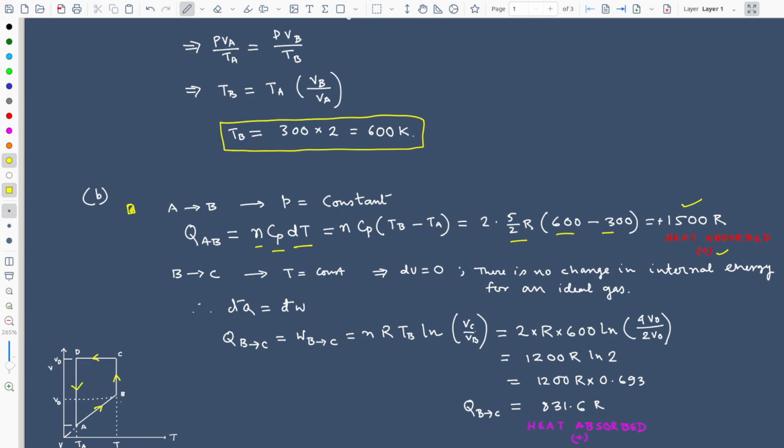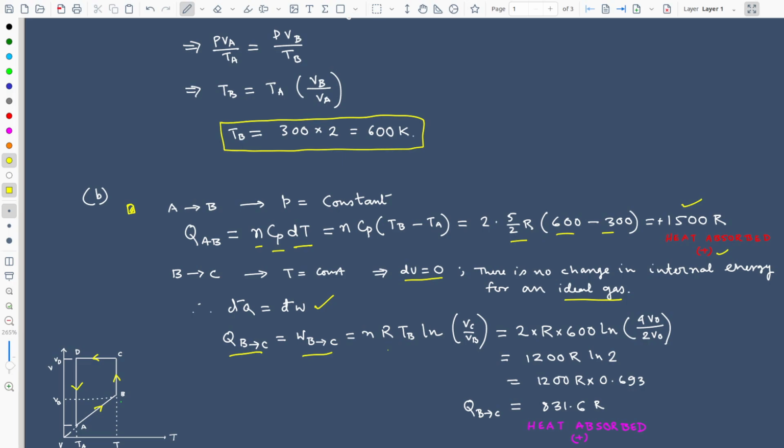B to C, temperature constant, as is evident from the diagram. T is constant, so dU is 0, that means there is no change in internal energy for an ideal gas. It is not true for a real gas. So from the first law, dQ equals dU plus dW, so dQ equals dW. That means heat absorbed is equal to work done.